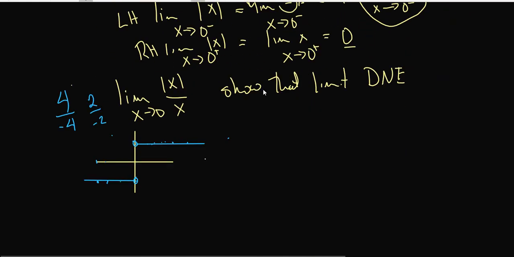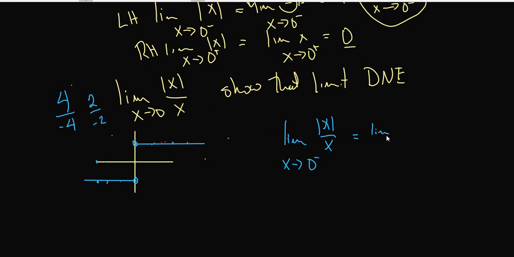So if we look at the left-handed limit, the limit of the absolute value of x over x as x approaches 0 from the left, then the absolute value of such a number is going to be negative x.